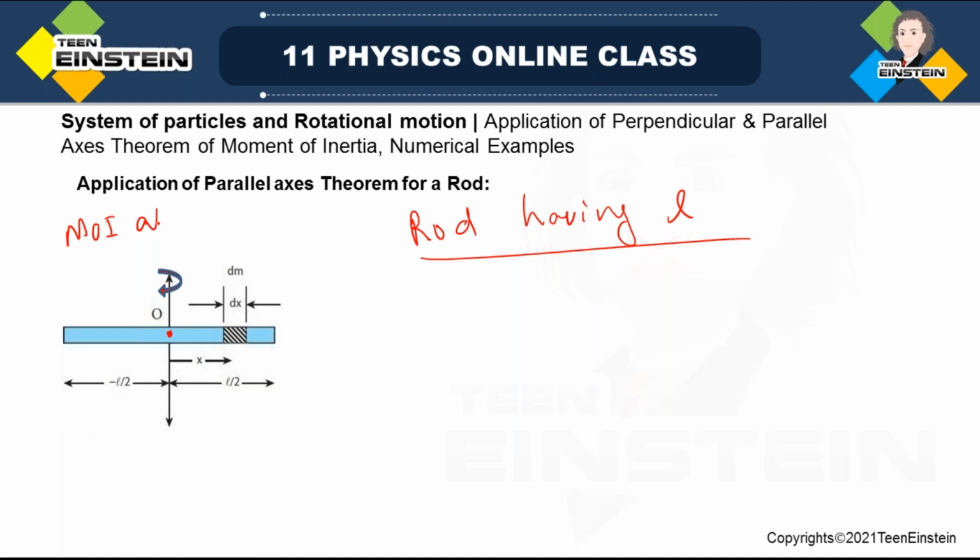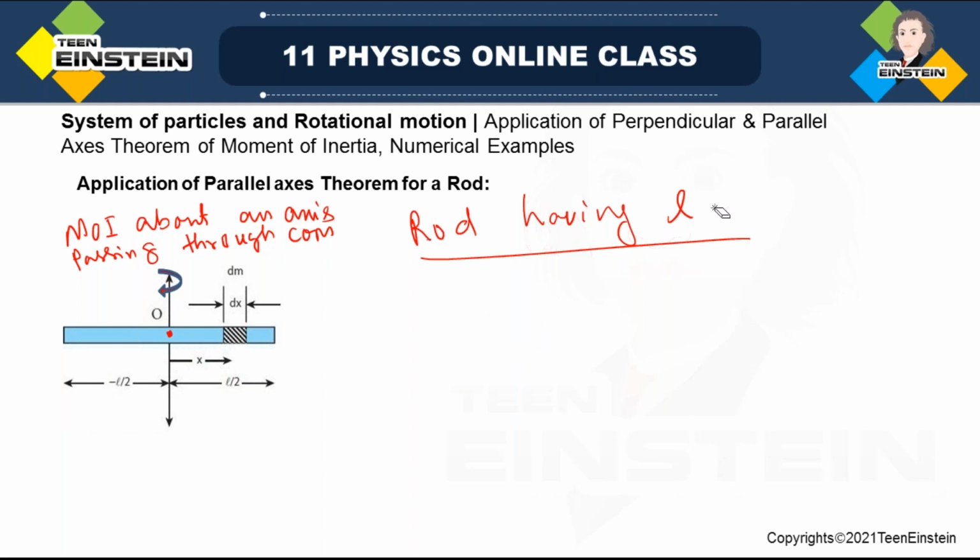Moment of inertia about an axis passing through the COM, center of mass, and obviously the axis is perpendicular to the plane of this rod.